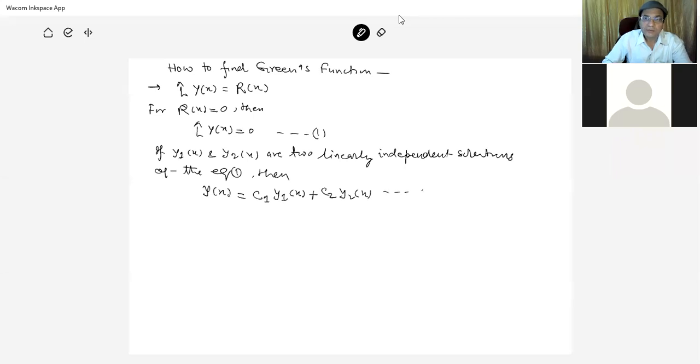This is the 2. Means here it is the homogeneous equation.